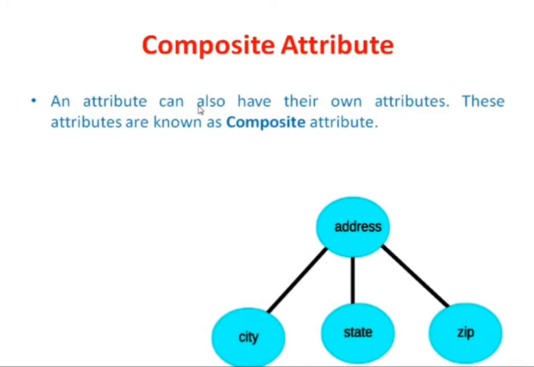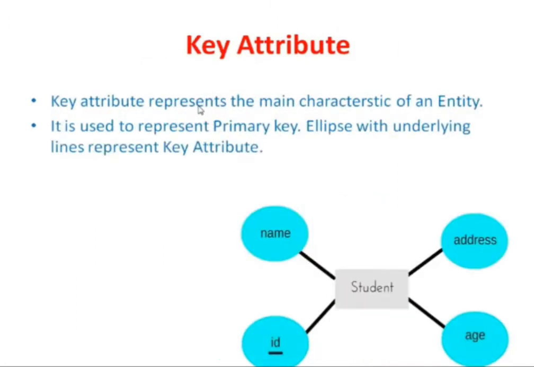There is one more type of attribute, which is the composite attribute. So what is a composite attribute? It is an attribute that can also have its own attributes. These attributes are known as composite attributes. In the previous example, for an entity we had characteristics like name, address, age, and ID.